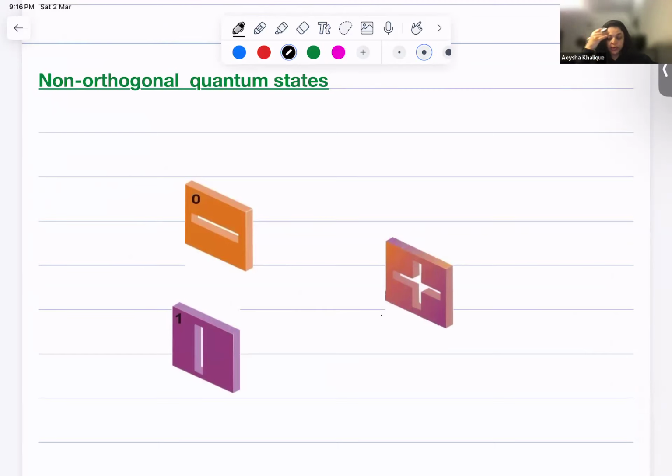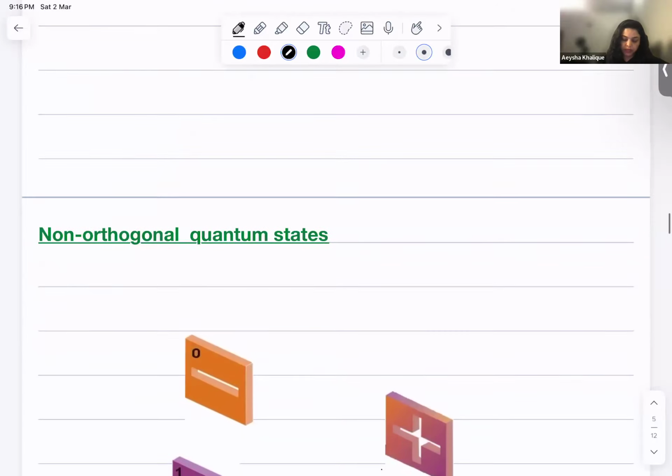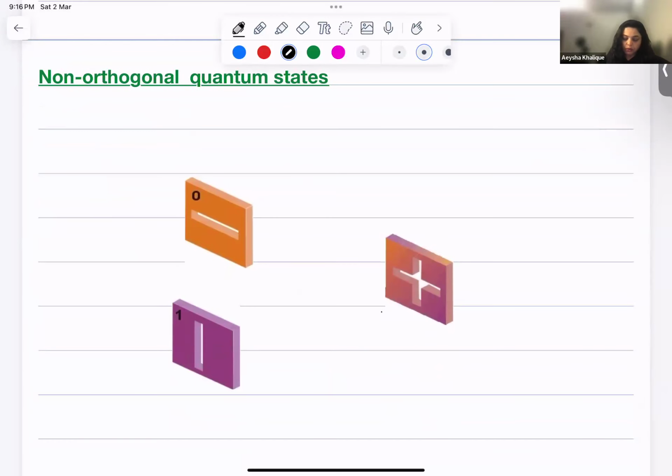So a quantum state, as I said, that quantum bit, it can exist in any possible state, like it can be any point on the Bloch sphere, and of which we have seen these 2 points. But the 0 and 1, for example, we can give any character, any state of a quantum bit to call it 0 and any to be 1, right?